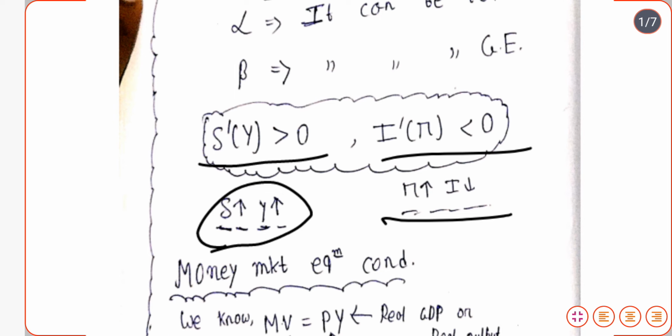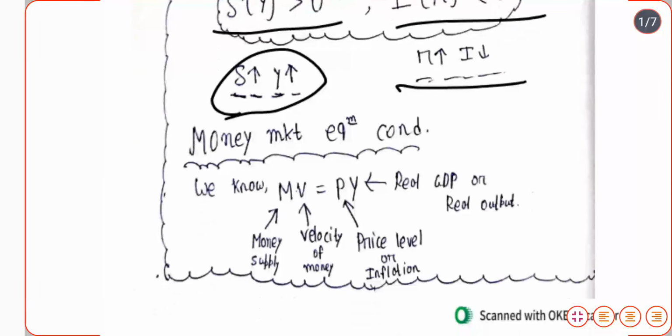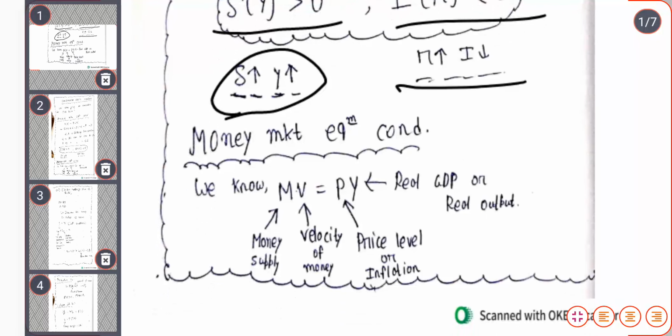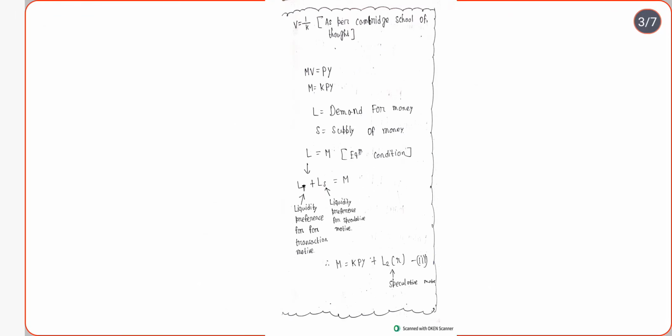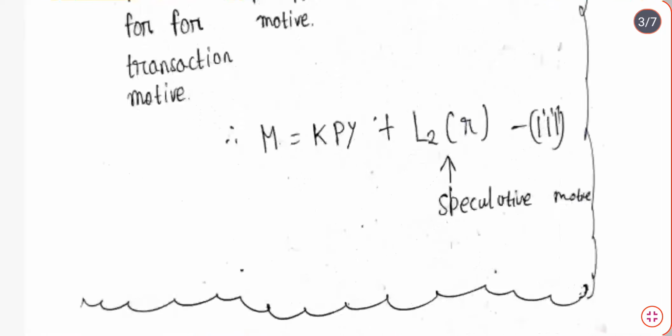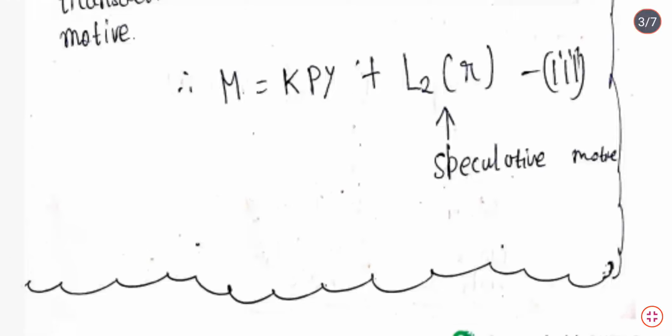Now, in the complete Keynesian model, the money market equilibrium condition is given. I am not going to take this form. I am going to show you the actual form of the money market equilibrium condition which we are going to use in the comparative static analysis.